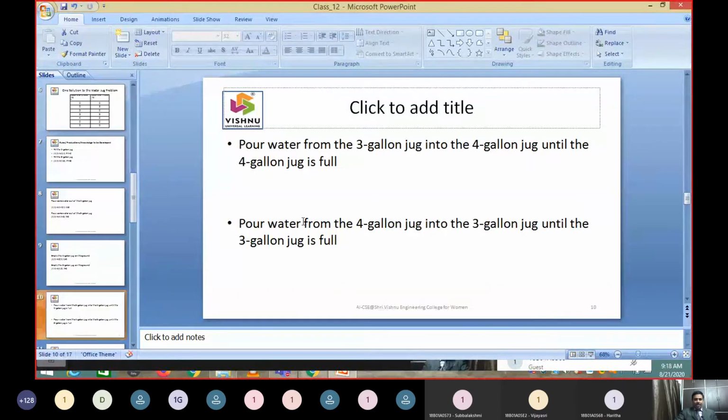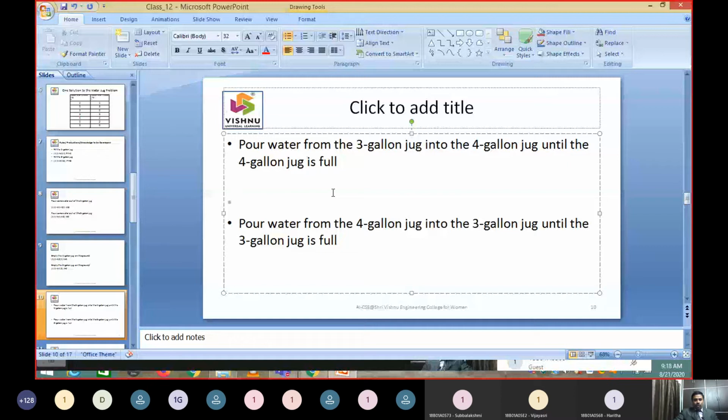So yesterday we were on this slide actually. Pour some water from the 3-gallon jug to the 4-gallon jug until the 4-gallon jug is full. It's very important. These two are very important. After that, all the other things are very simple.